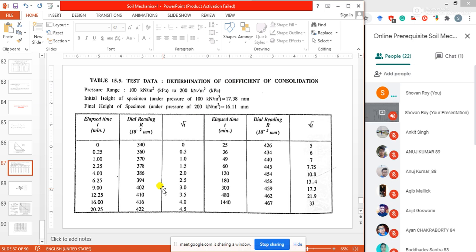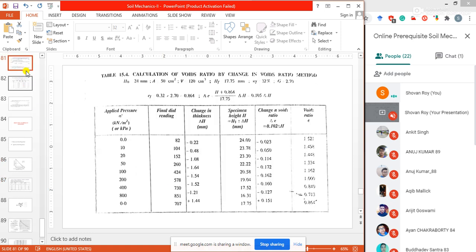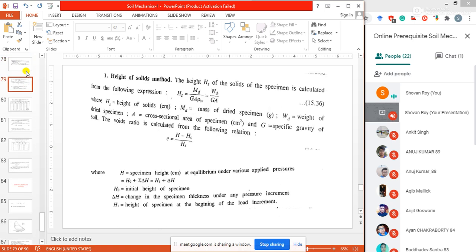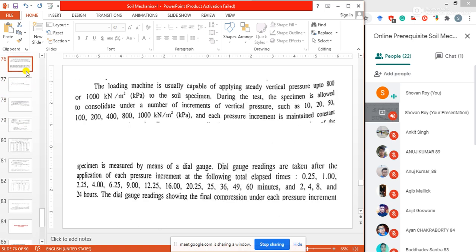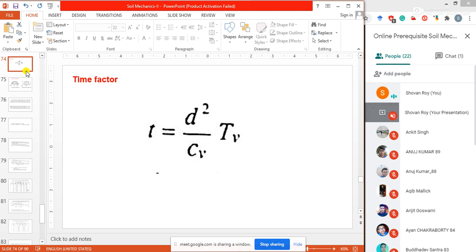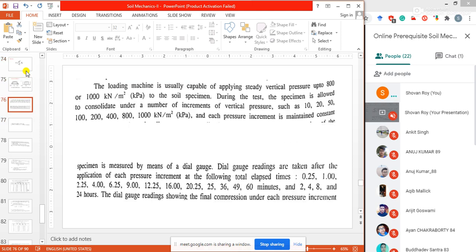So elapsed time, we already had some idea, because to perform the test we need the elapsed time, a series of times, to find out the actual consolidation or settlement of the specimen.